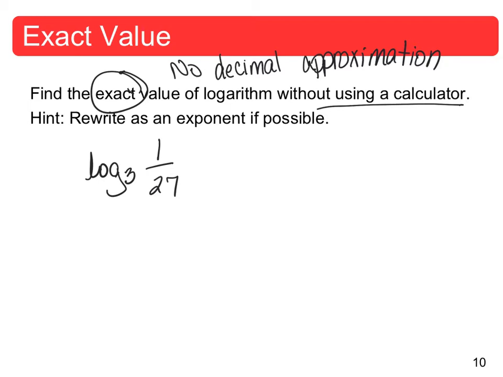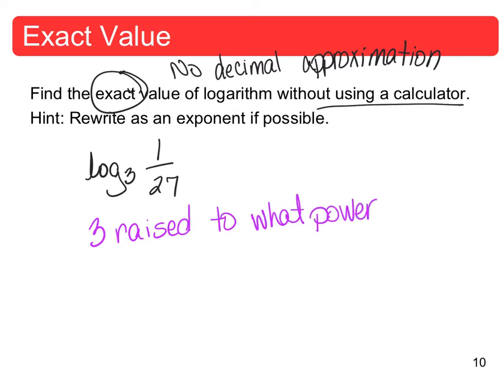So the question that I'm asking myself is: 3 raised to what power gives me 1 over 27? I'm looking for an exponent. That right there is an exponent.